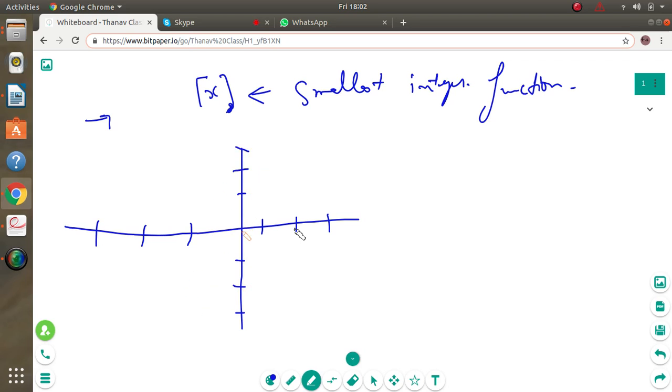So what you'll have is the smallest integer function. At 0, the function will be 0 only, but it will be like this.